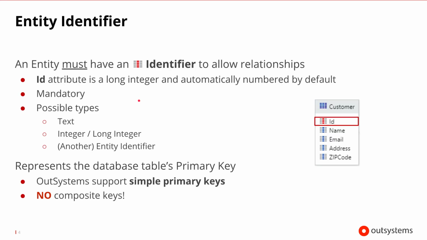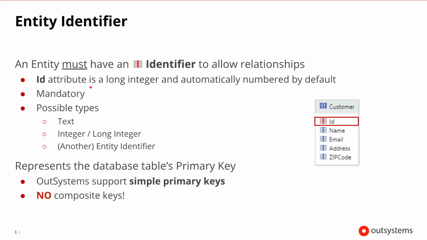Now, when we start to create relationships, it's important for us to know what the entity's identifier is. So an entity must have an identifier to allow relationships to be created. And inside of OutSystems, the identifier attribute has a red stripe down the middle instead of the regular attributes, which have the blue stripe.